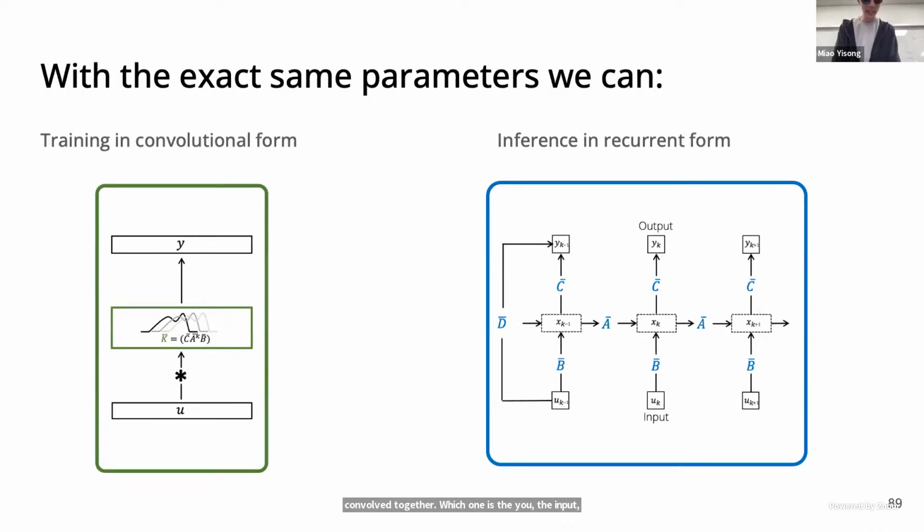So SSMs, using the exact same parameters A, B, C, and D, can do training in the convolutional form, which is parallelizable, and do inference in the recurrent form, which means it's more efficient in both.